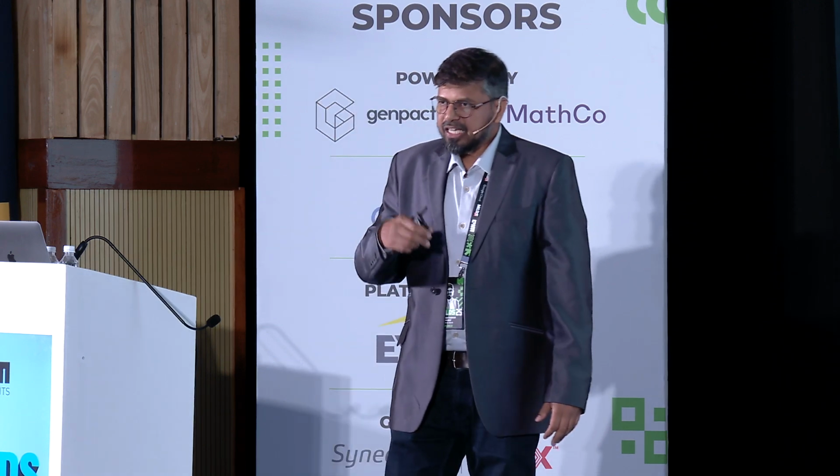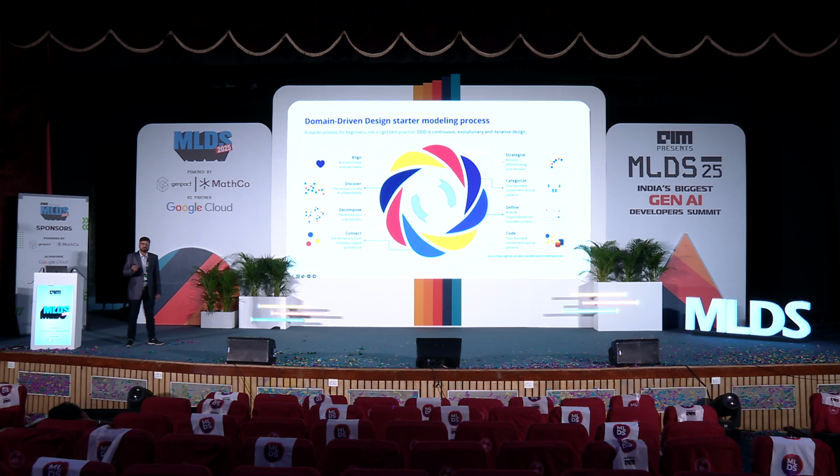And next we go to the collaborative discovery, where we use event storming or the storytelling framework, where we discover the entire domain, what the problems are, what opportunities we have to improve, and then categorize them. Then in the next step we go to decompose, where we create the boundary, and here we use bounded context and context map patterns, and then connect them.